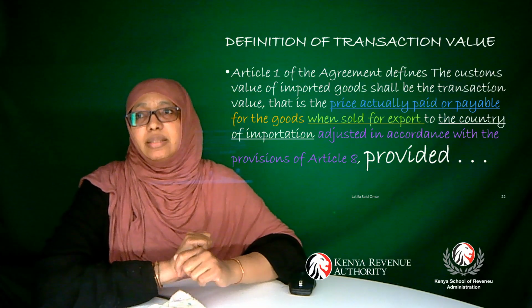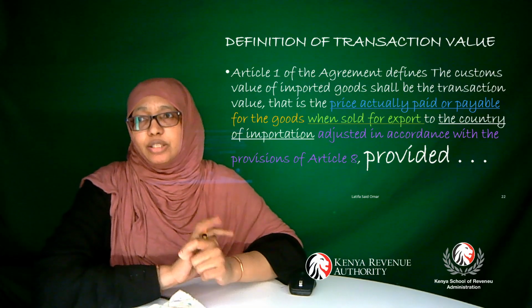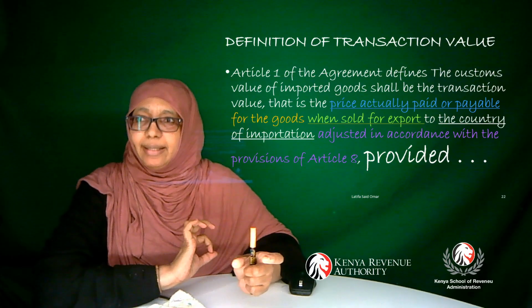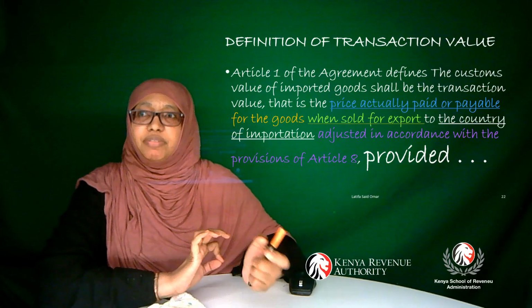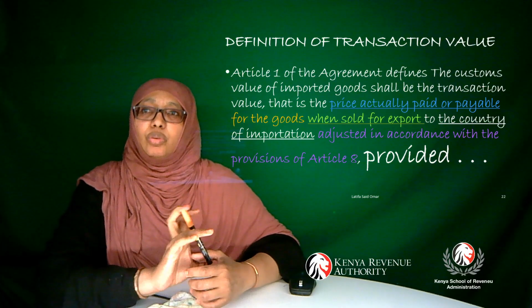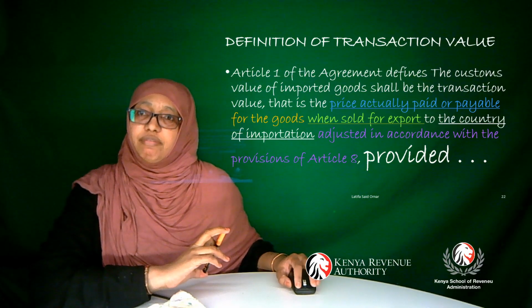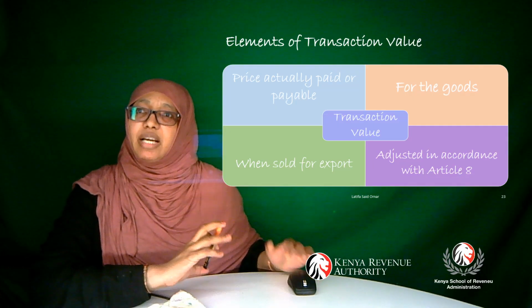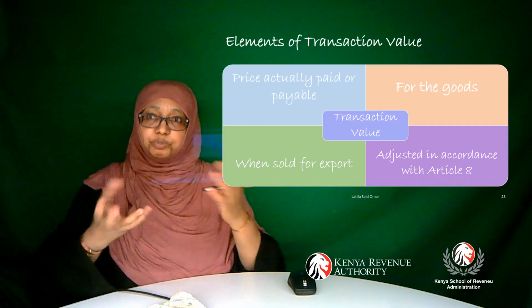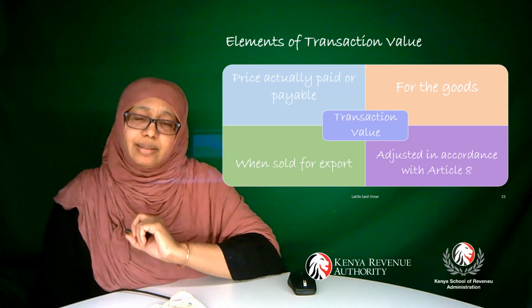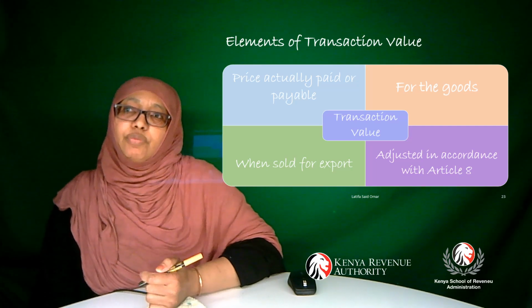And then Article 1 continues, provided. We'll see what provided means later. We'll see how we can explain each of those terms that have a different color from the rest of the wording.